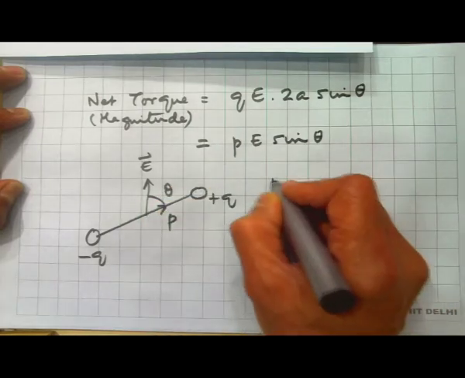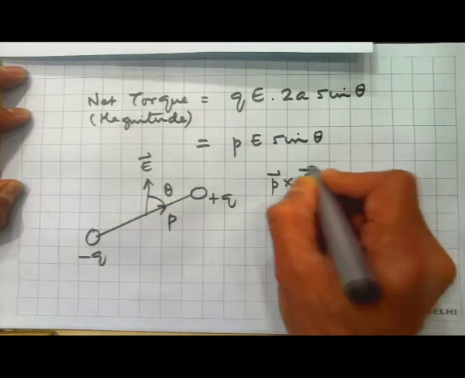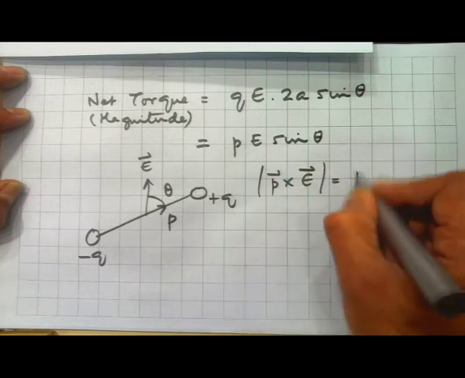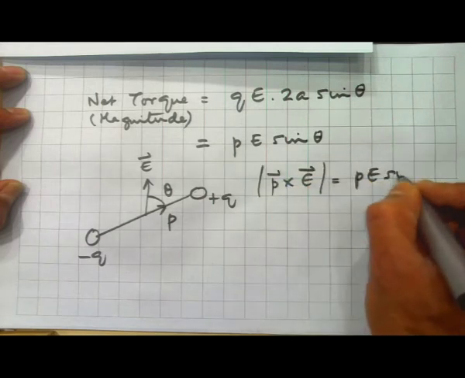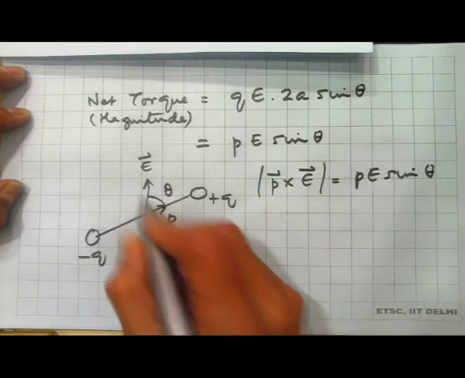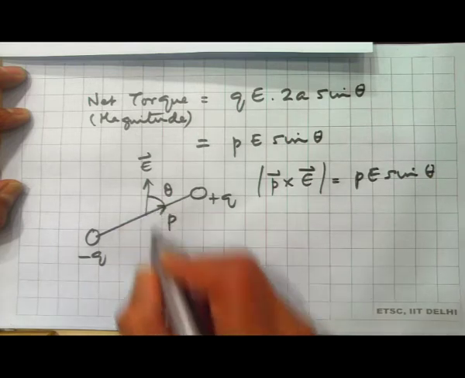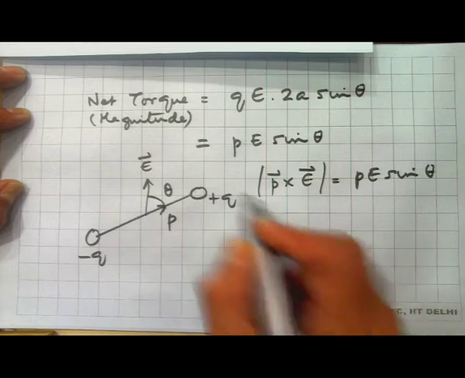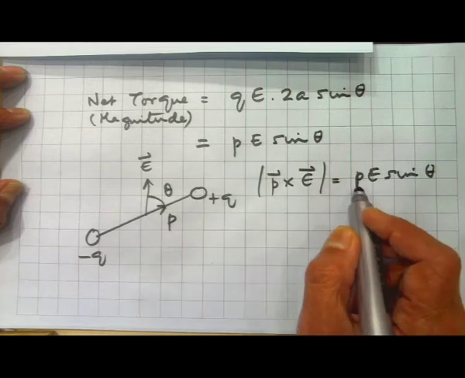So, what is this product? P cross E magnitude, this is pE sin theta. P cross E is p times E into sin theta, the sine of the angle between these two. So, the magnitude of the torque is nothing but pE sin theta.